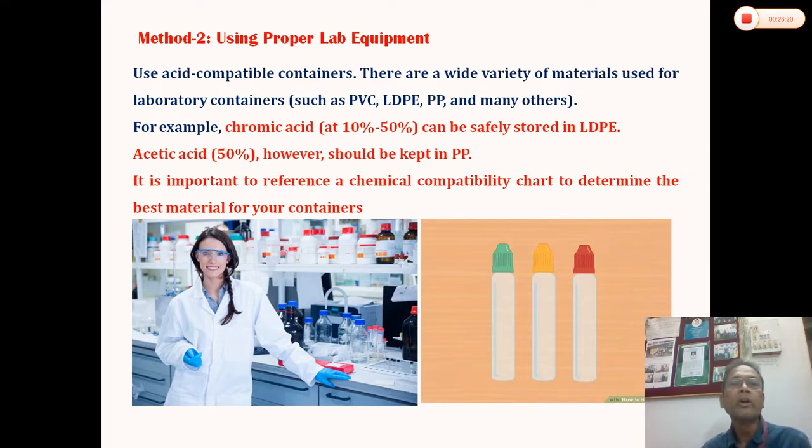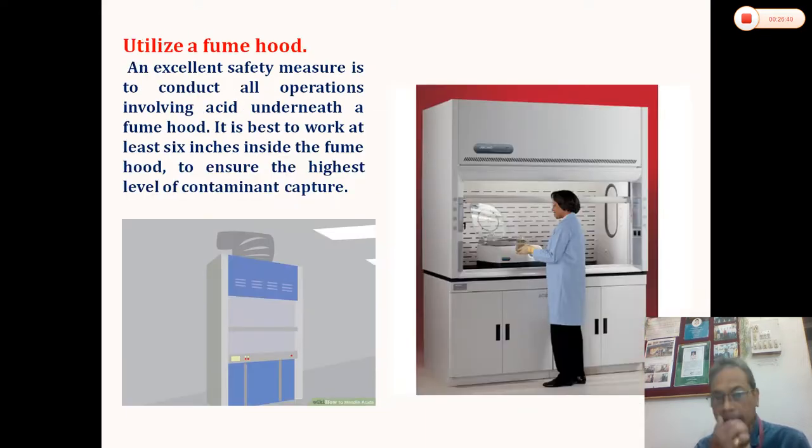For example, bromic acid at 10% to 50% can be safely stored in a container of low density polyethylene polymer. Acetic acid must be stored in polyethylene polymer. It is important to refer to a chemical compatibility chart to determine the best material for your containers.